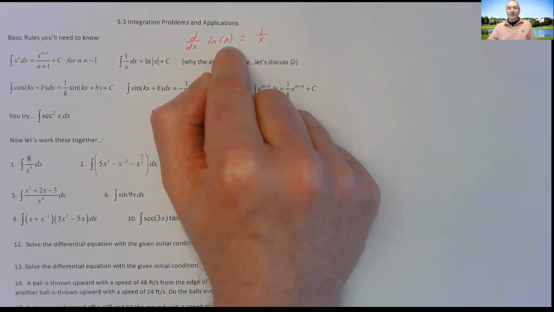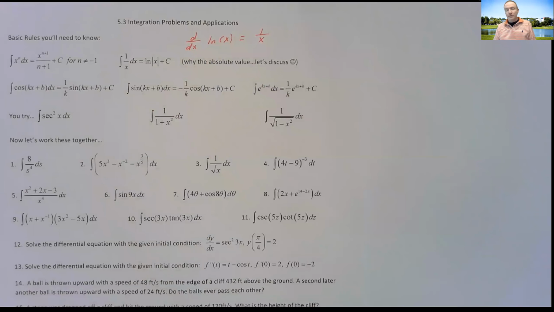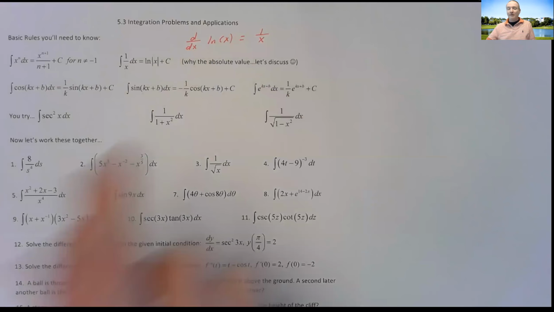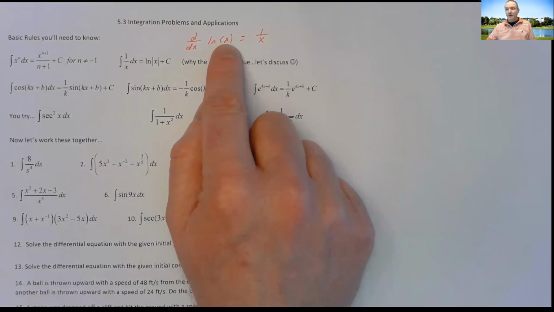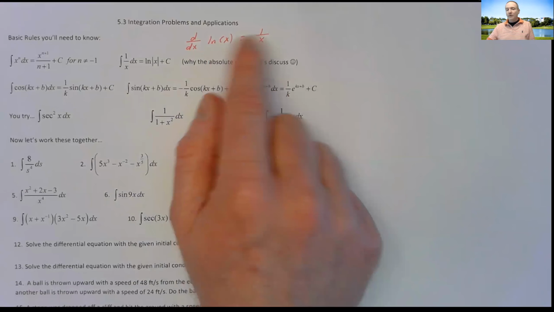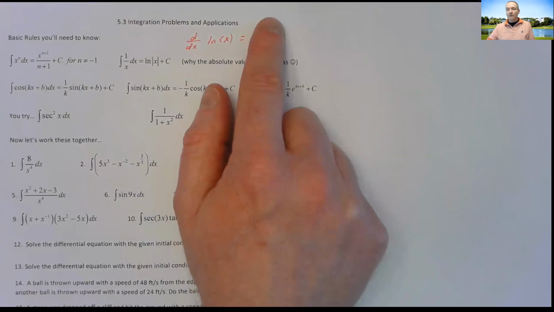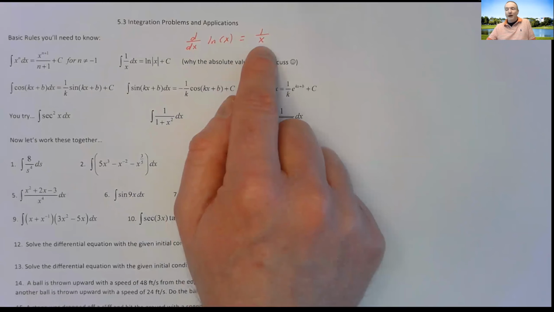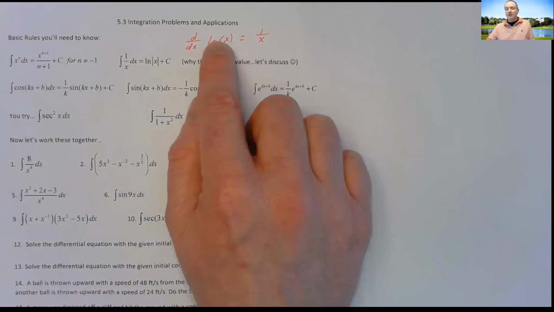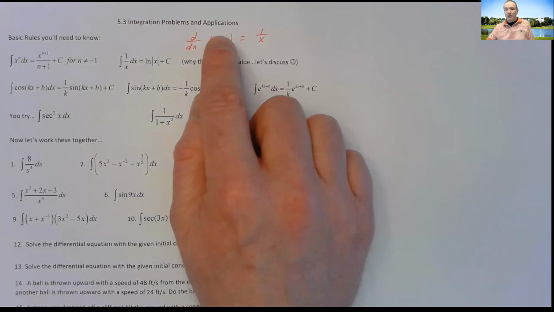So by the very fact that I'm asking you to take the derivative with respect to x of the natural log of x, automatically x is restricted to be positive values. It cannot be 0, it cannot be negative. So whenever we take the derivative and say it's 1 over x, that's still implying that x is positive. We don't have to put it because it was already in the domain restriction of the original problem.